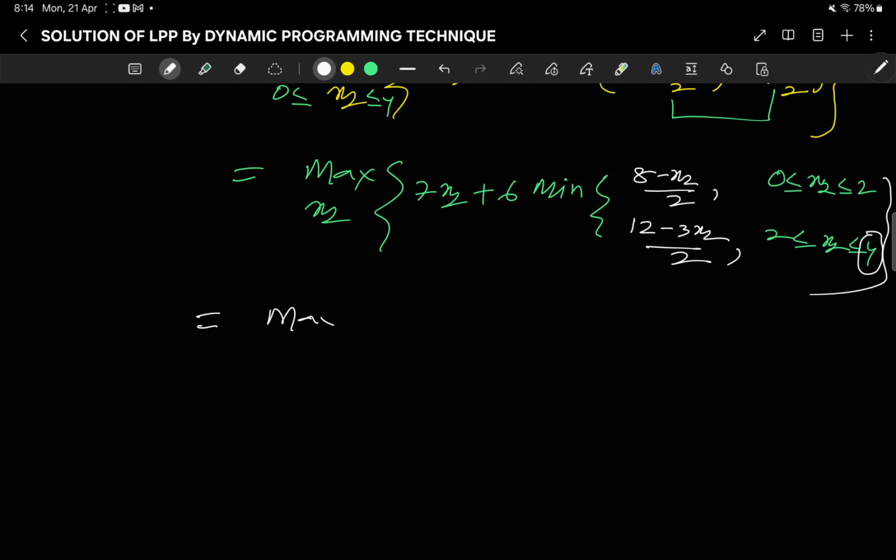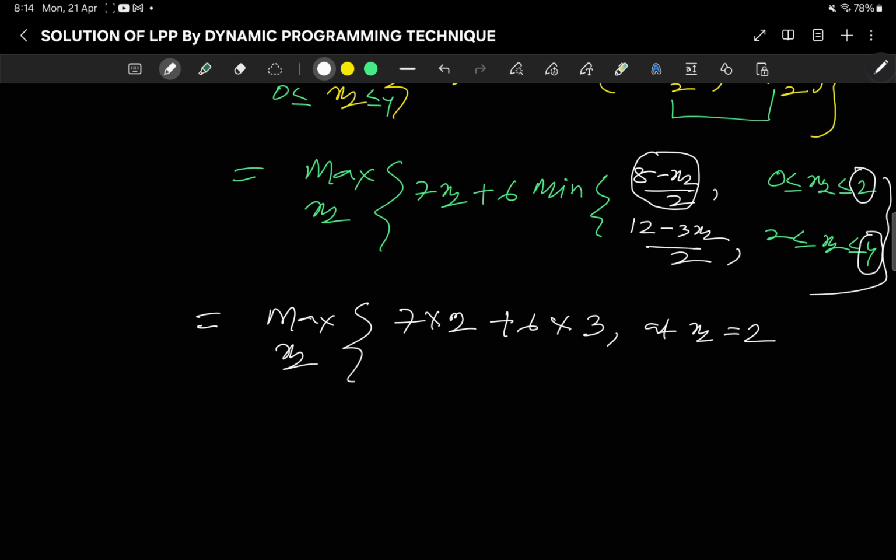So this is maximize over x2, right? Substituting the value 2, it is 7 into 2 plus 6 times (8 minus 2) by 2, which is 3, at x2 equal to 2. And here it is 7 into 4 plus 0 at x2 equal to 4.